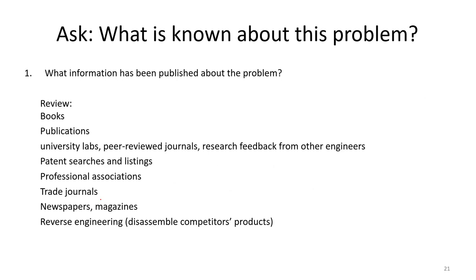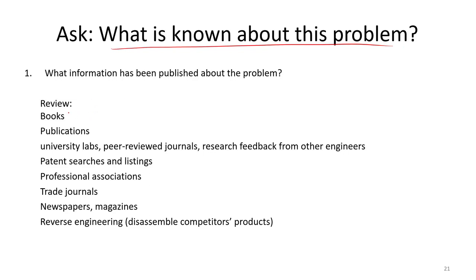Another part of the define process is asking, what is known about this problem? You may remember in some of our previous activities, we learned about how to do research. This is one of those situations when an engineer may need to do some research. So we look at what information is available about our problem.